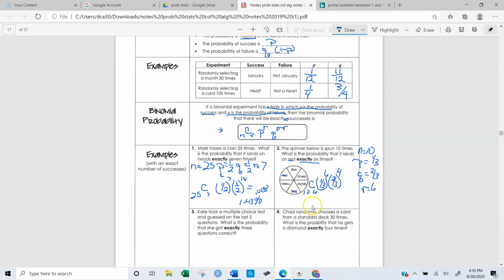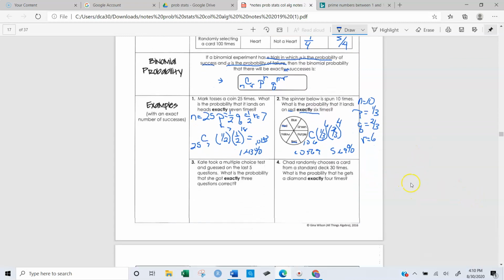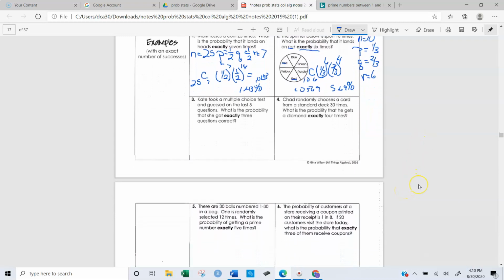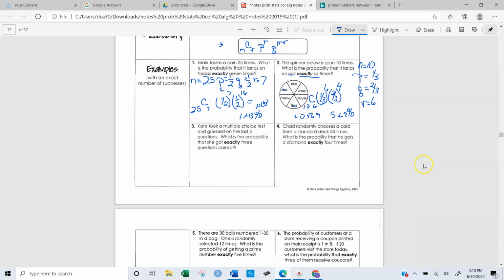Type that in and you get 0.0569, which is 5.69% of the time out of 10 spins, it will land on red 6 times. Okay, a little bit harder. I want you to try, let's just do number 3, and then we'll go on.